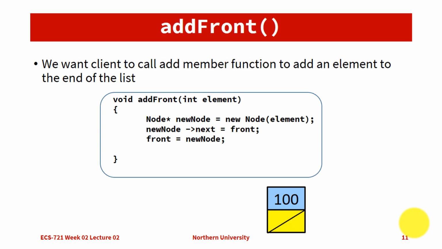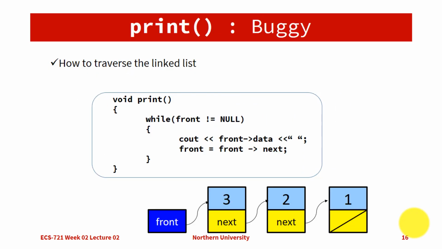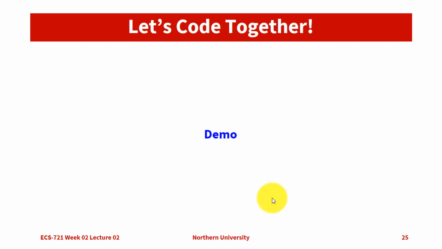We provided the add front member function, which adds a node to the front of the list. We simulated this process. We then implemented the print member function, the buggy version, and also the fixed version. Then we implemented those member functions in Qt Creator, and we created our first linked list class.